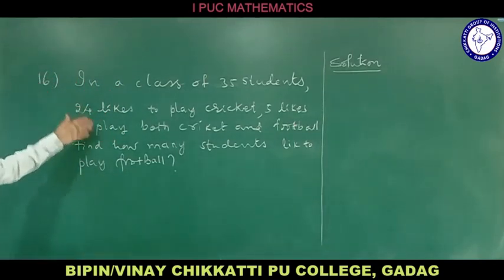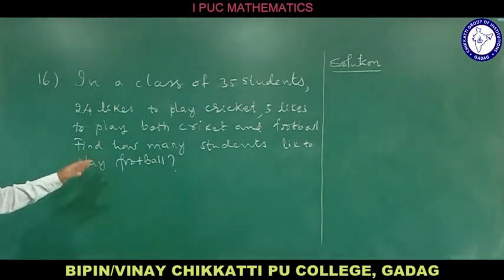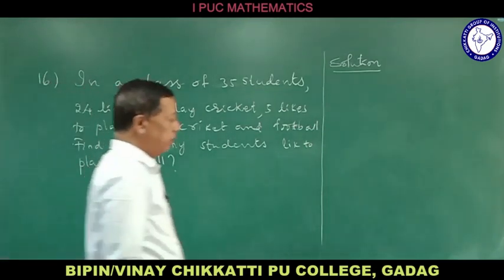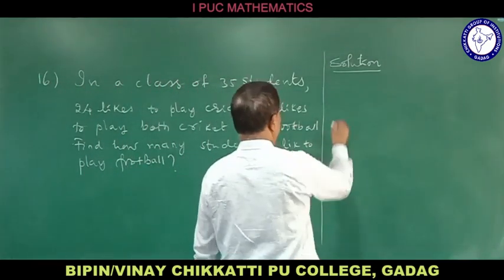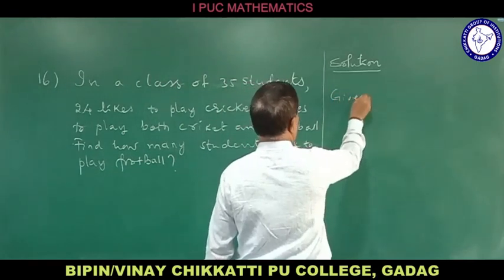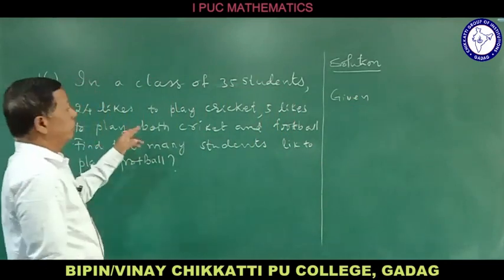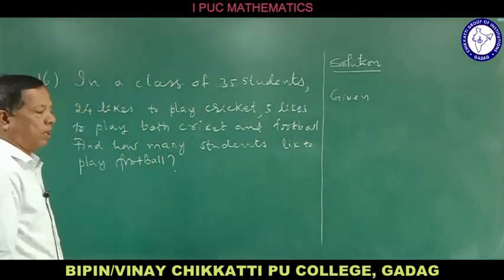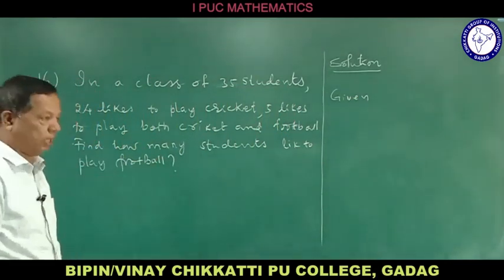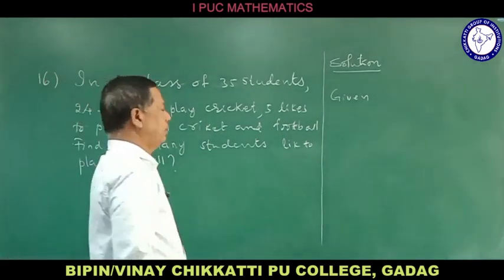Look at this problem. In a class of 35 students, 24 like to play cricket, 5 like to play both cricket and football. Find how many students like to play football. So here it is not compulsory to write it, but C stands for cricket, F stands for football, that we can write.